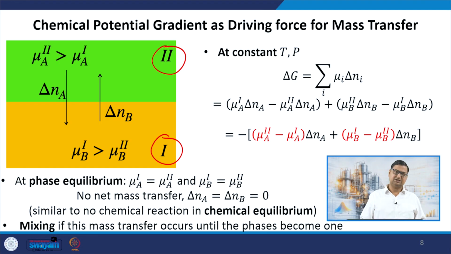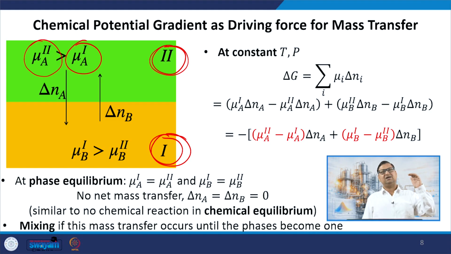So, let us say, for example, the chemical potential of component A in phase 2 happens to be higher than the chemical potential of A in phase 1. In that case, the gradient of chemical potential exists in the direction going from phase 2 to phase 1. There is a higher chemical potential of A in phase 2 and lower chemical potential of A in phase 1.